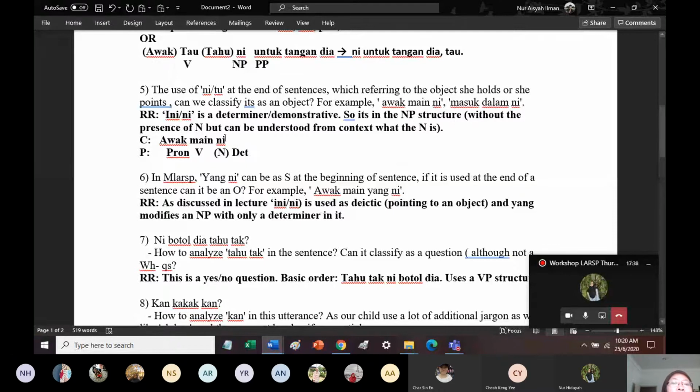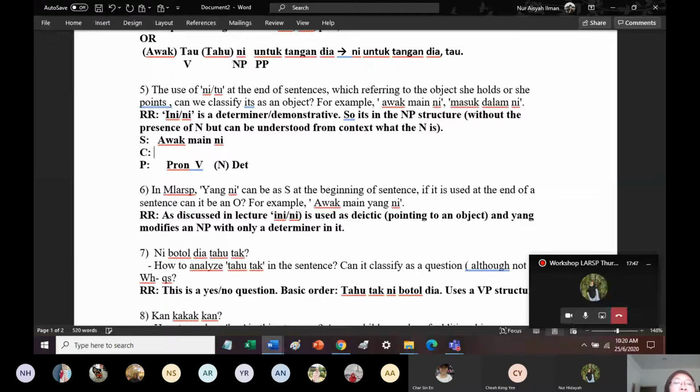So actually ini sentence kan. So this is the sentence and then you have the clause. So dia akan jadi S, V and O. Lepas tu bawah O tu ada and that. Ya, Zaira? Faham eh?